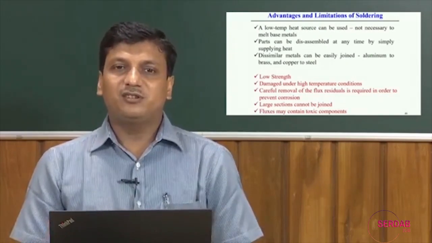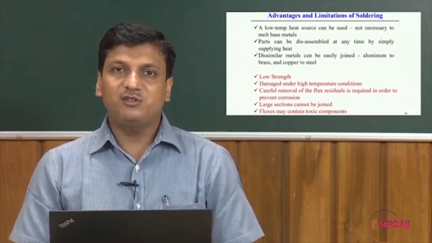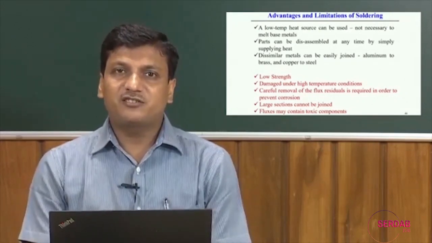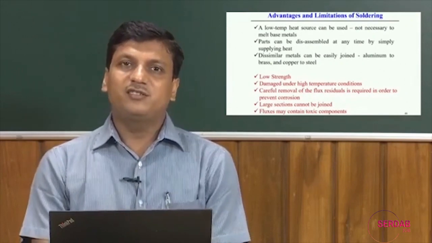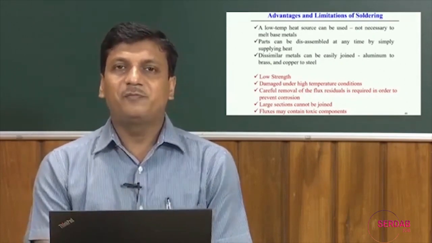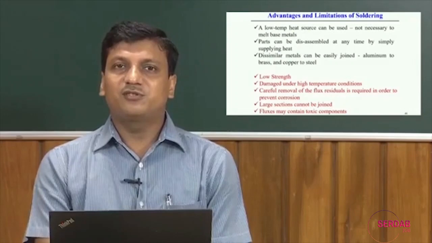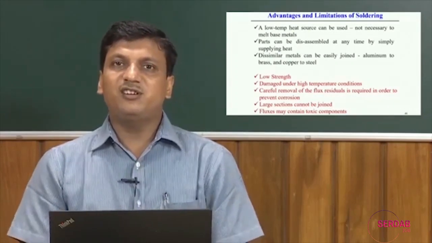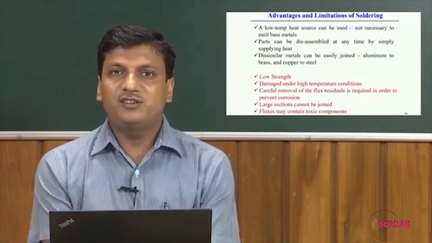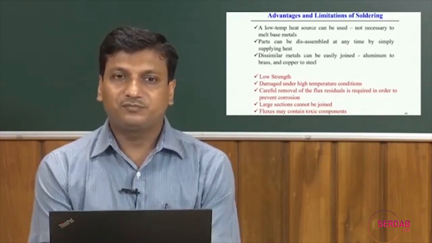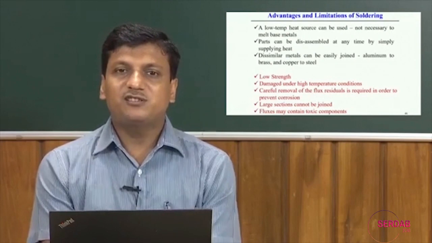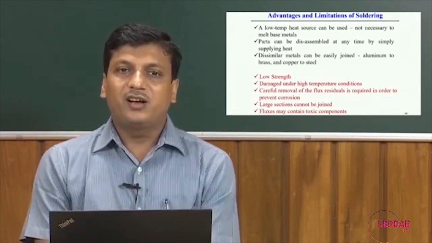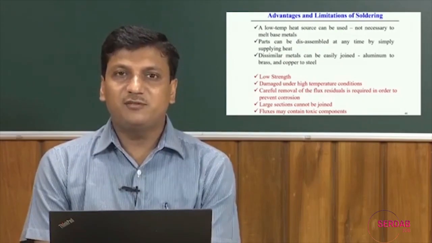That means these dissimilar metal combinations can be joined using the soldering process, but we cannot expect much strength from this joint compared to fusion welding or solid state welding, and the joint strength is even less than that of brazing. A typical limitation of soldering is that the strength is very low and the joint may be damaged under high temperature conditions.